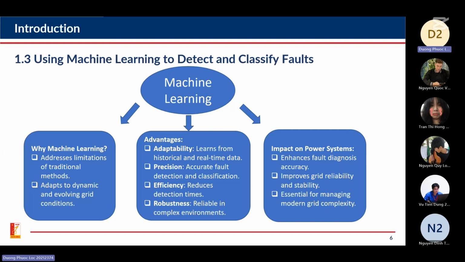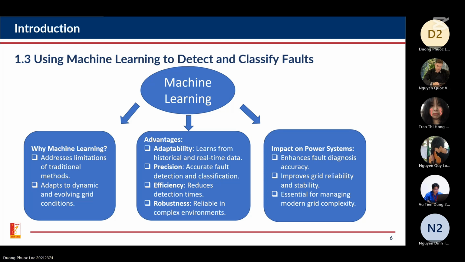And the prediction is accurate for detection and classification. The efficiency is reduced detection time, and robustness is being reliable in complex environments.